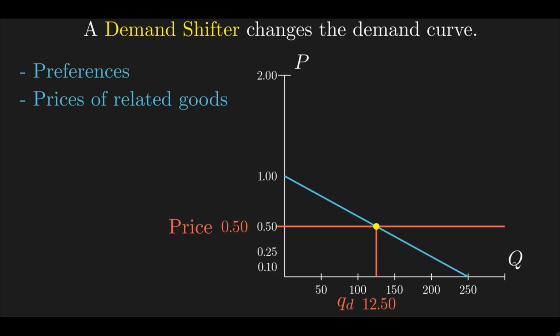So the price of related goods can impact our preferences as represented by the demand curve. And if you're able to buy more with a higher income, then that changes your willingness to pay, how much you're going to buy at a range of prices. That will shift up or shift out if your income goes up.